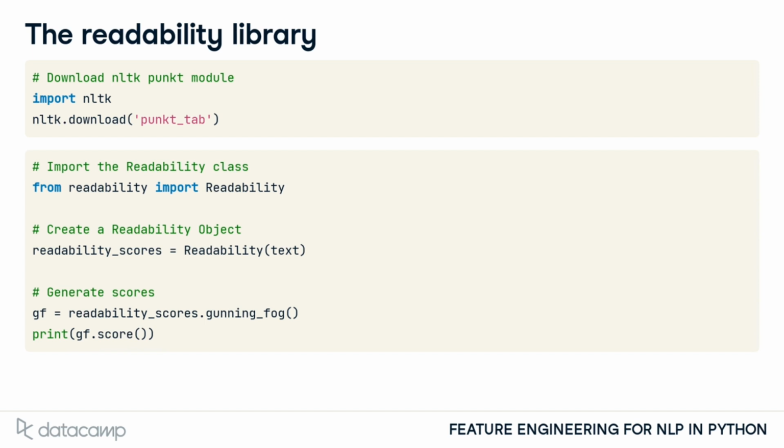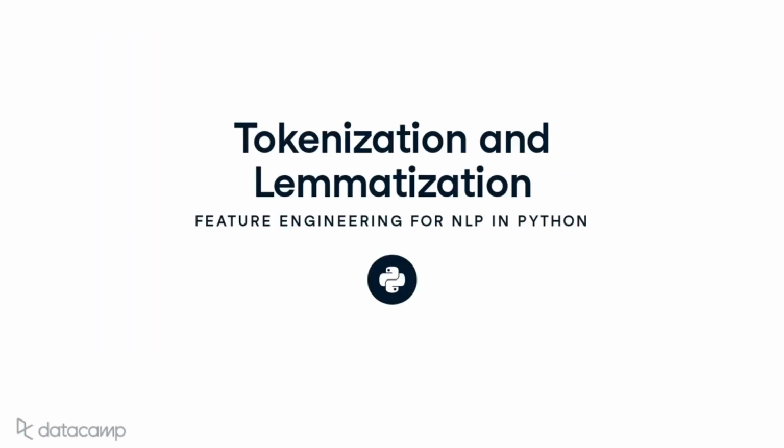We store this in a variable named gf. Next, we access the score using gf.score. In this example, the text that was passed is between the reading level of a college senior and that of a college graduate.